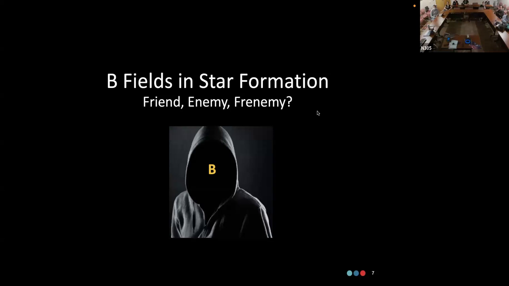And as the cloud evolves to form stars, this process may be slowed down depending on the orientation of the magnetic field with respect to molecular clouds. Sometimes we don't really know what roles they're playing: are they helping star formation or hindering it? But one thing we know for sure is that they emerge as the hero of the star formation story at the end, by slowing down the rapidly spinning star-forming cores and allowing star formation to happen through magnetic braking.